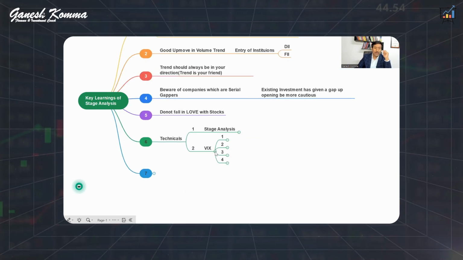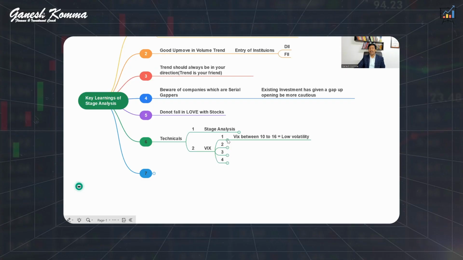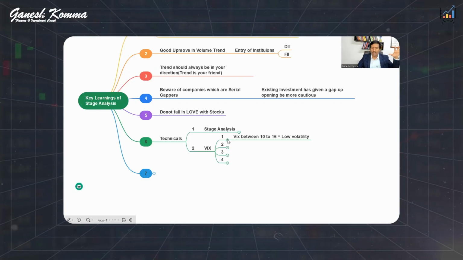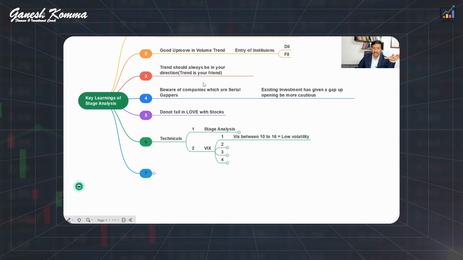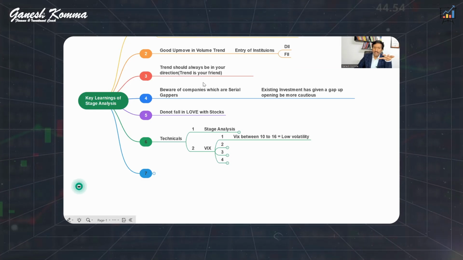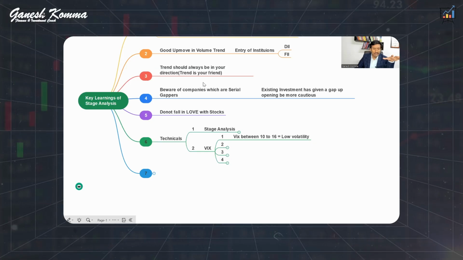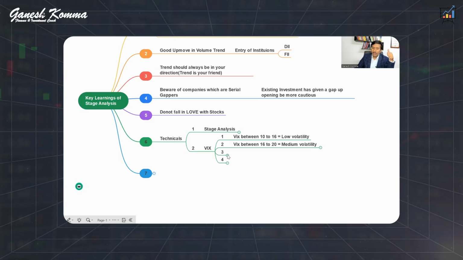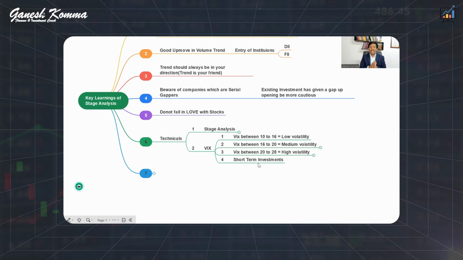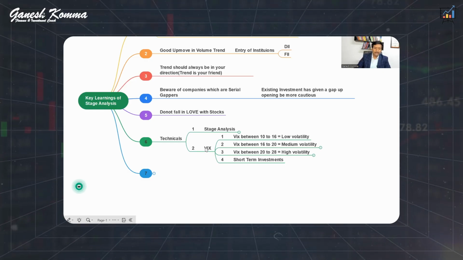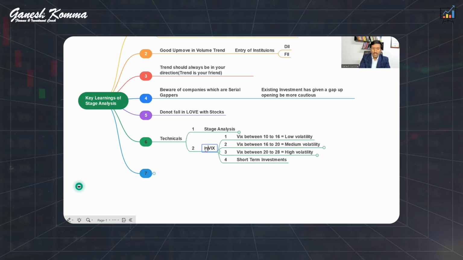And lastly, the volatility index, VIX. For the last couple of months or quarters, it has been at very decent levels.